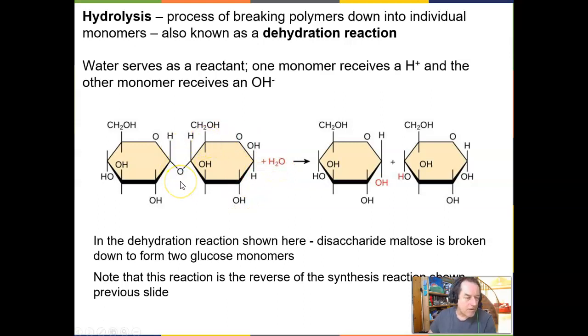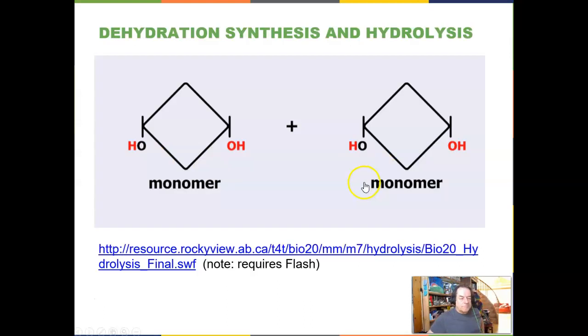We break open the joint right here between a carbon and an oxygen, and then we satisfy the valence chemistry of the carbon, and we satisfy the valence chemistry of the oxygen by adding the components of a water molecule to each of those in the form of a hydroxyl group in one place and a hydrogen atom in another place to form two hydroxyl groups right here. And that is hydrolysis, splitting. Lysis means to split, and hydro means using water to split the two monomers.